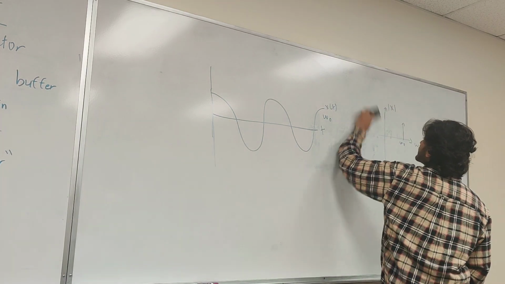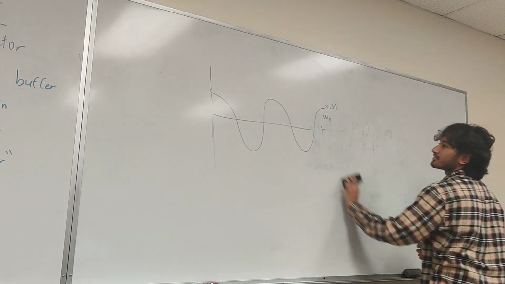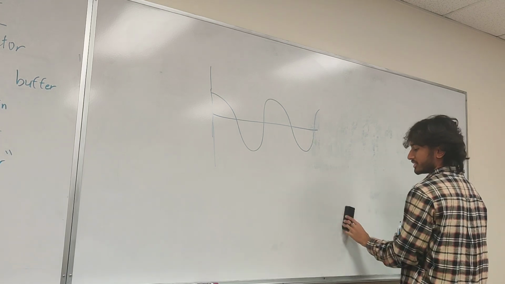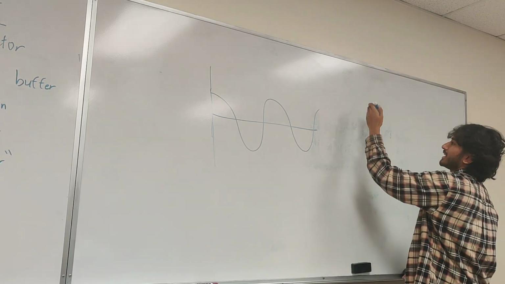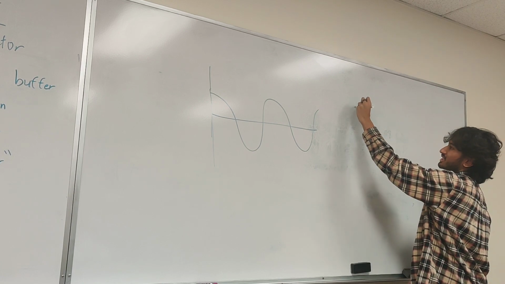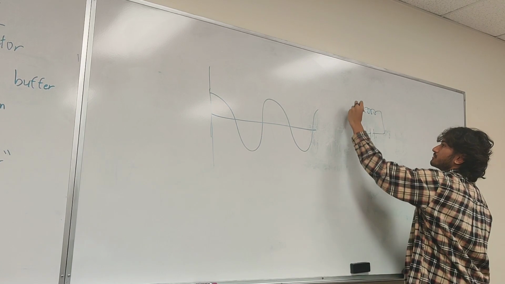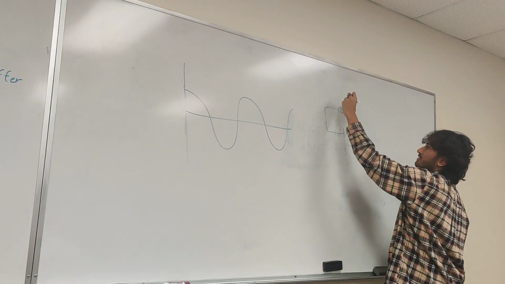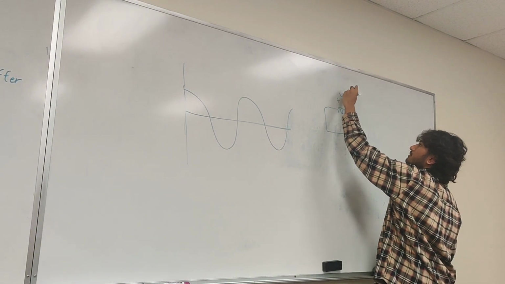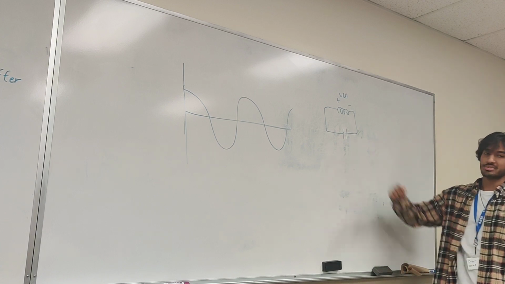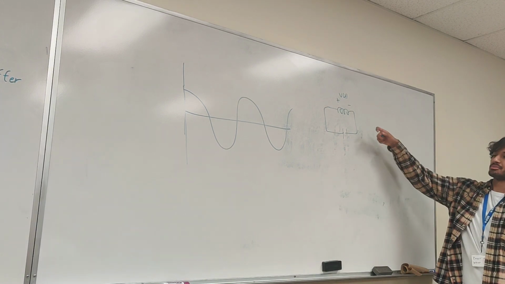So what we're going to do, well, take one step back. We just have a circuit like this, right? And let's say we just charge up this capacitor initially. We hook it up to this inductor.